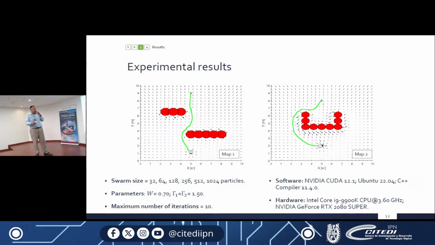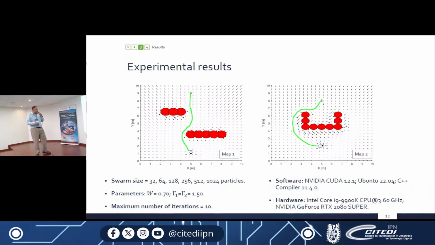Most of the path planning methods try, based on the negative gradient, to find the goal, following this path, and in some cases they are trapped in this part.